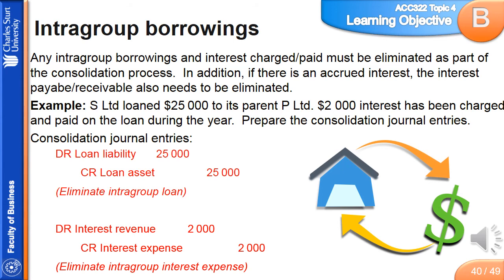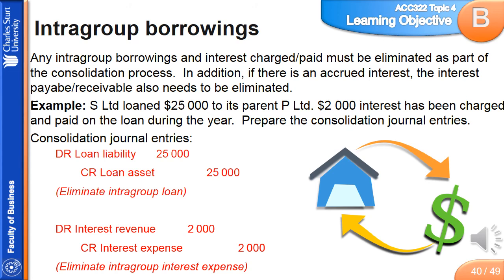So if there was an amount to be paid, say a loan was made halfway through the financial year, and it's paid once a year, so in the middle of the next financial year, that's when one year's worth of interest revenue and expense will actually be physically paid.